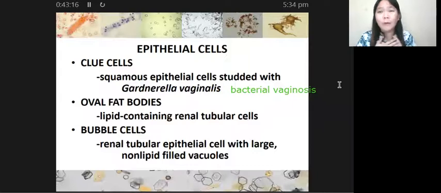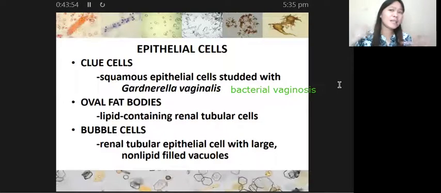May squamous ba doon? Wala. May transitional ba doon? Wala. And so, anong epithelial cell yung makakasalamuha nung na-excrete, or yung dumaan sa ating filtration? Ang makakasalamuhan niya ay si renal tubular epithelial cells. Okay? So this tubular epithelial cells will then imbibe these different lipids or fats which are excreted out as part of the filtrate. Thus, you will have your oval fat bodies.